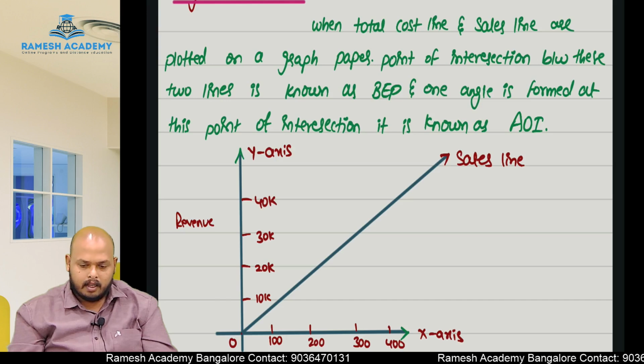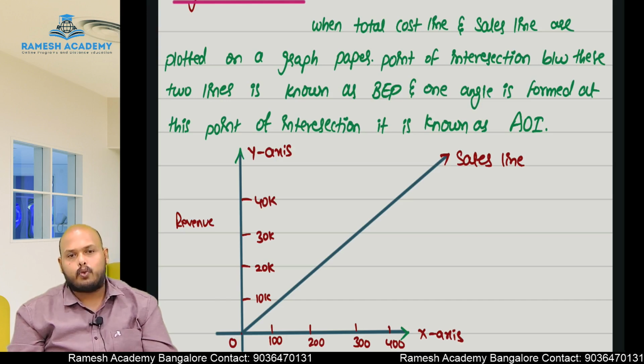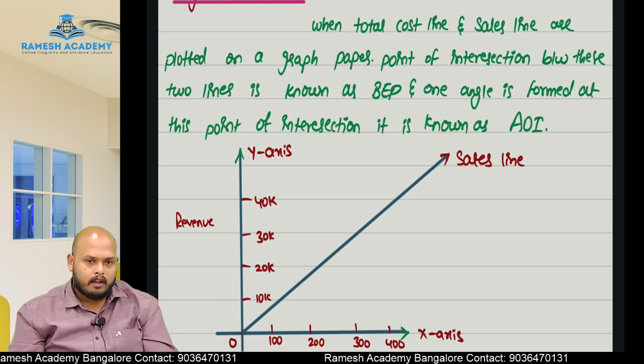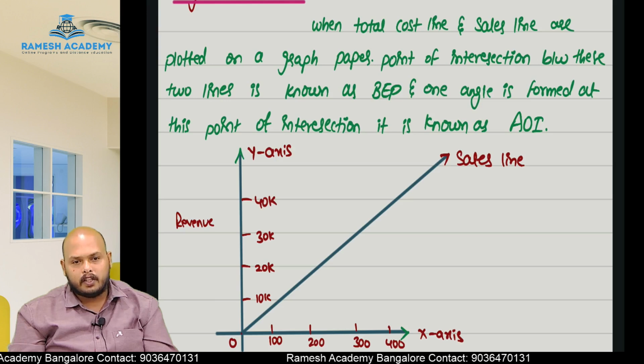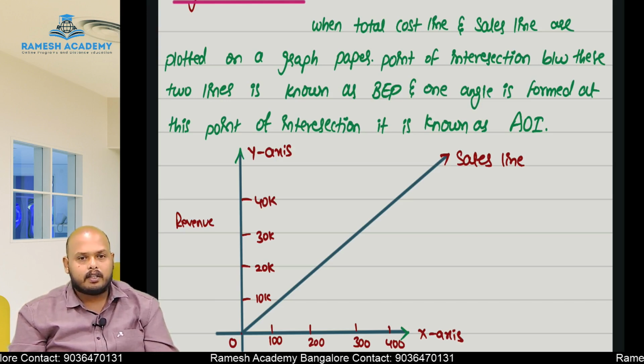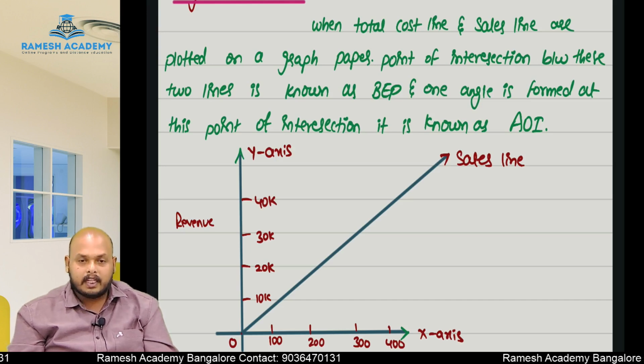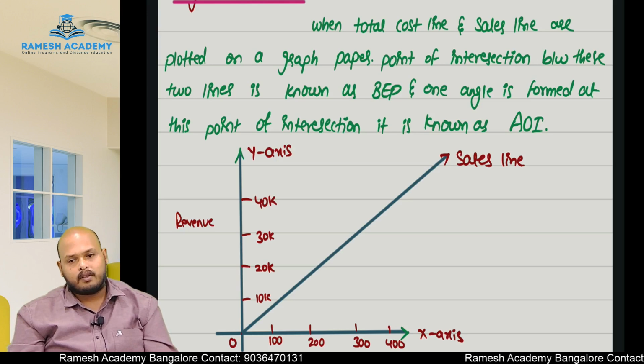Next, let us assume fixed cost is 20,000. When you are selling 0 units, what is your fixed cost? 20,000. When you are selling 100 units, 20,000 only. When you are selling 200 units, still fixed cost is 20,000. When you are selling 300 units, still 20,000.